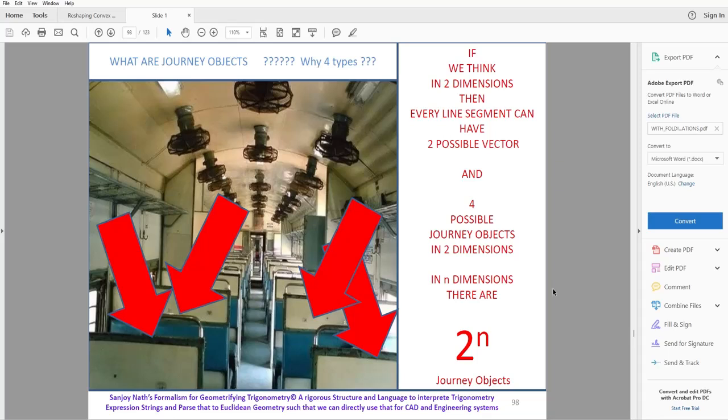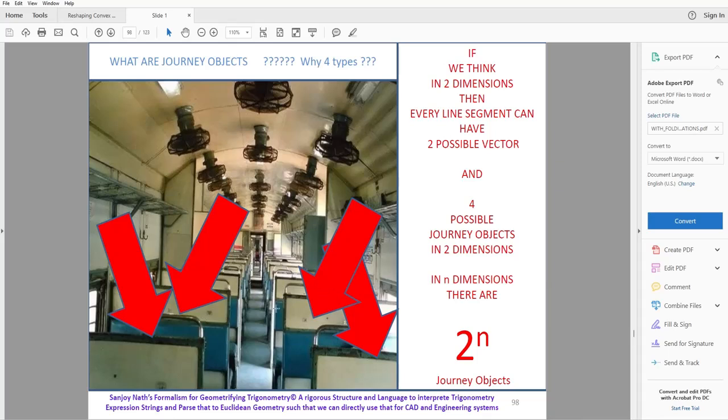Suppose this train is going from my side to the away side, and there are two options: either you are sitting on the left hand side or you are sitting on the right hand side. If you are sitting on the left hand side, you will get some kind of views. If you are sitting on the right hand side, you will get some other kind of views.